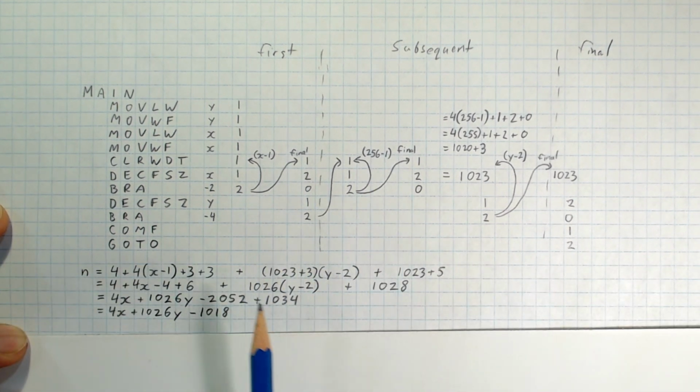Capturing all that data into an expression, we end up with the mess that we see here, and if you work out the math, you end up with n equals 4x plus 1026y minus 1018.